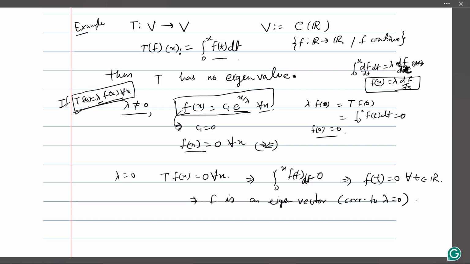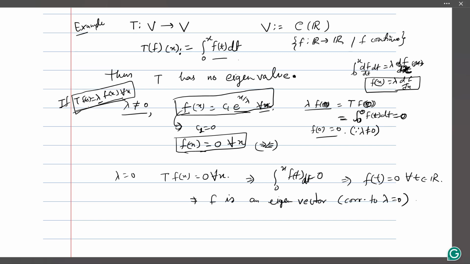Next we see that c1 is itself 0, so f is completely 0. How is c1 0? Because lambda is non-zero, Tf is equal to lambda f. Evaluate both sides at 0. The integral from 0 to 0 will be just 0, but lambda is non-zero, so f(0) is equal to 0.